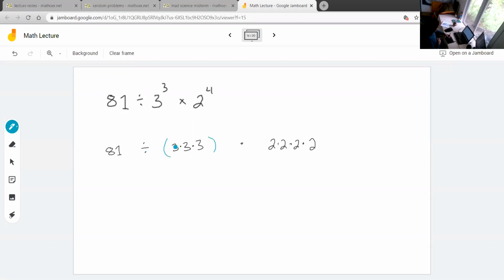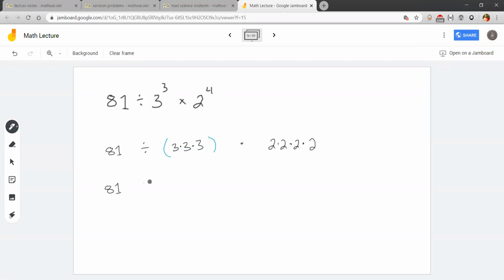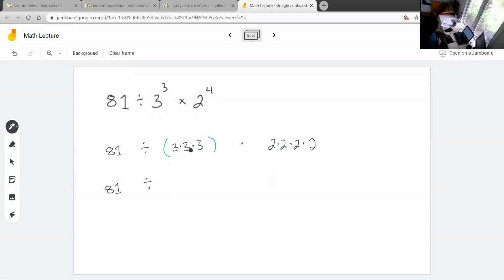Otherwise we're going to divide by 3 and start multiplying instead of dividing by the whole thing. But that's a minor point. What I'm thinking in my head is 3 times 3 is 9, times another 3 is 27. And here 2 times 2 is 4. And this 2 times 2 is 4, and 4 times 4 is 16. Or I can think about it, 2 times 2 is 4, double it again, 8, double it again, 16.